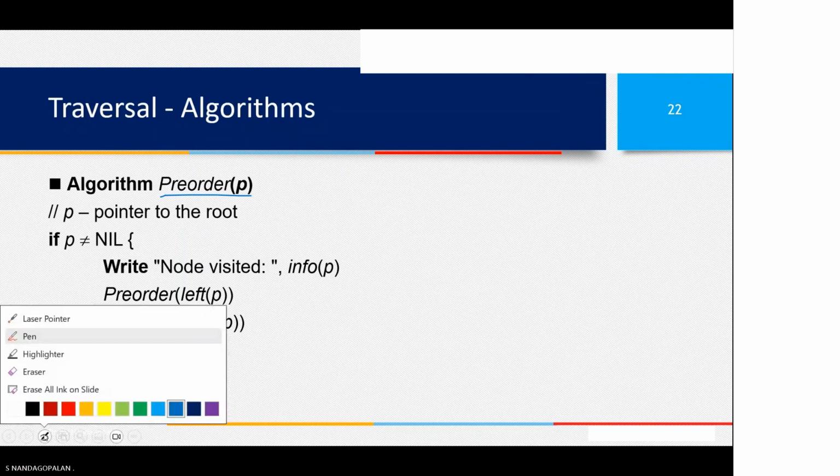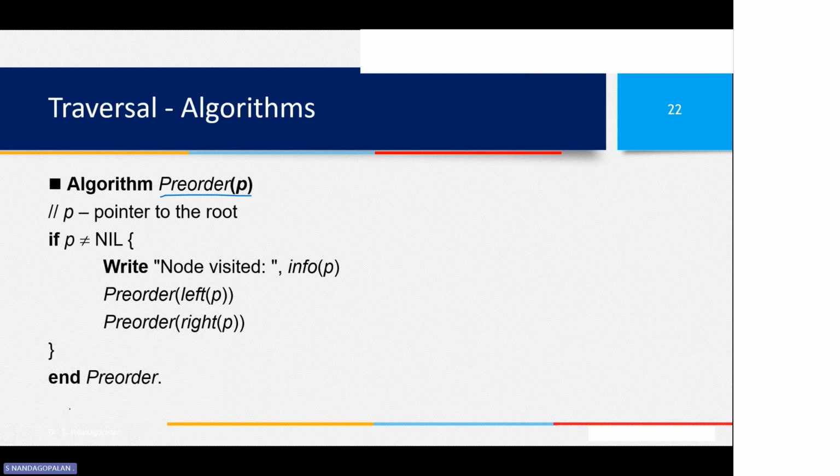The first and foremost condition is this one, because a recursive algorithm should not end up with indefinite calling. So you should first provide this escape mechanism so that when this condition becomes false, it comes out. No more recursive calls will be enabled.